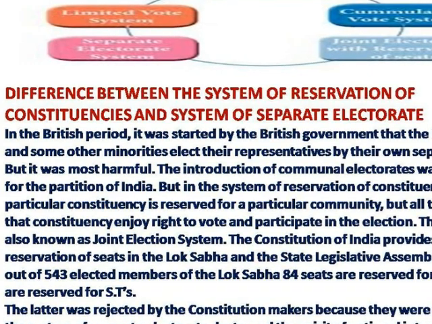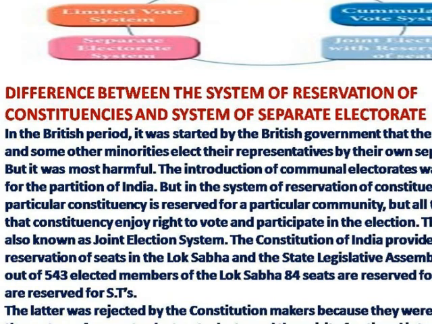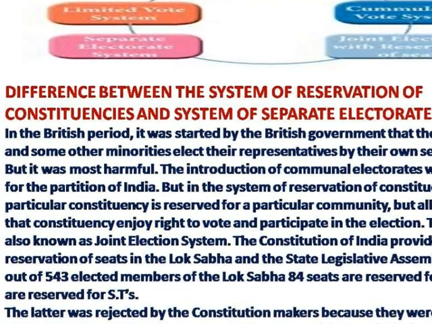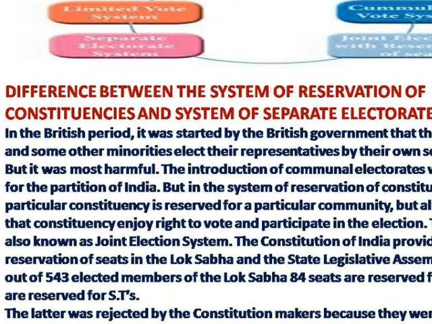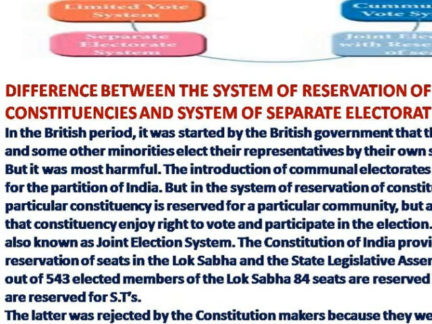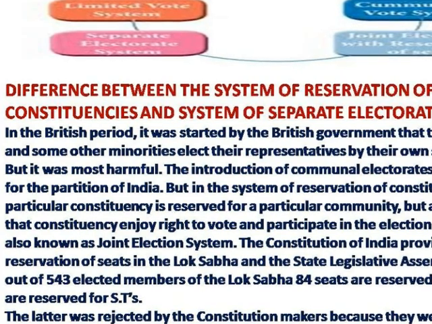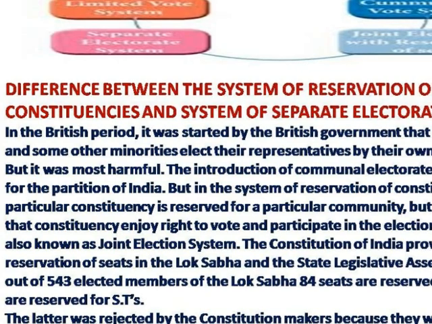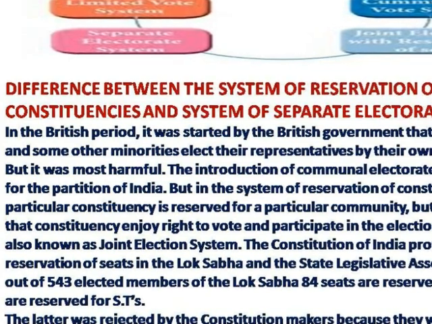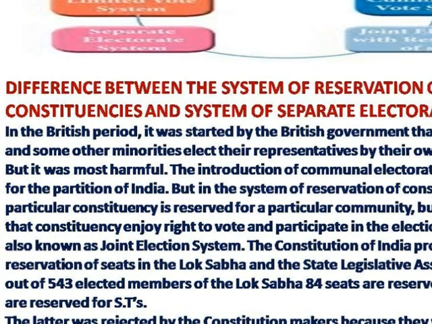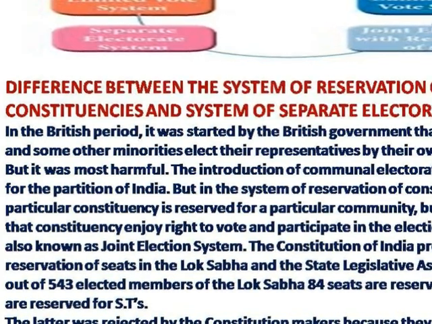At present, out of 543 elected members of the Lok Sabha, 84 seats are reserved for scheduled castes and 47 are reserved for scheduled tribes. Due to this, the constitution makers of India rejected the system of separate electorate because they were aware that it destroyed the spirit of national integration.